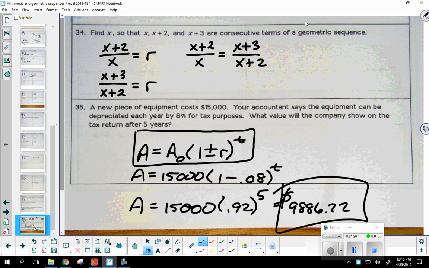So let's do this. What would I get if I multiplied x across x plus 3? So x squared plus 3x equals, now I got to multiply x plus 2 times x plus 2. I heard x squared plus 4x plus 4. Does anybody want me to show the FOIL, the distributive property on that, to show where the 4x came from?